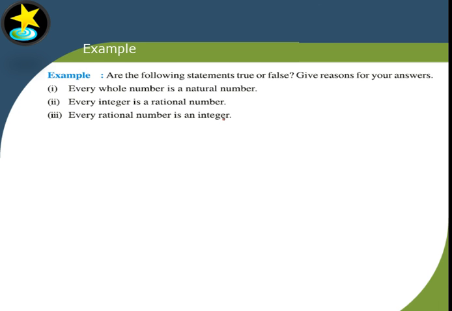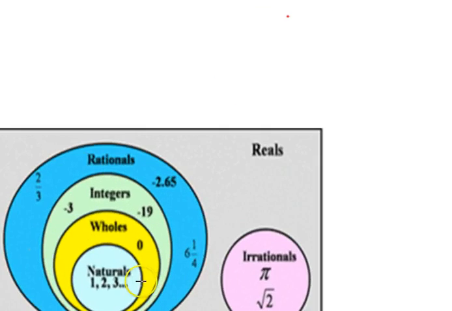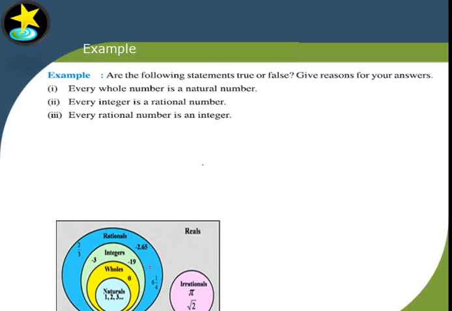Most of you by now would have answered these questions, but let me express this by Venn diagram. So if we look at our Venn diagram representation, which was 1, 2, 3, then whole number, integer, rational number, and irrational number sitting outside, and then we have the entire set of real numbers.